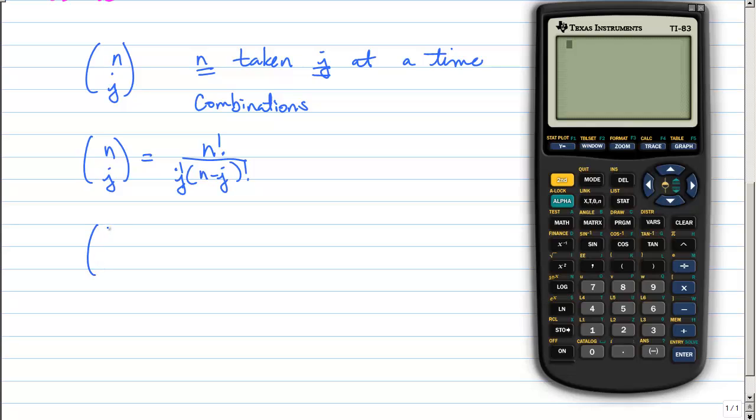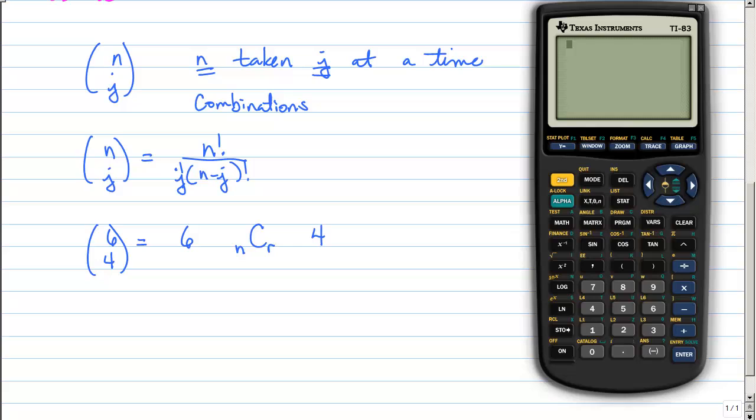If I have 6 as n and 4 as j, meaning 6 taken 4 at a time, I could memorize that formula, or I'm going to look in the calculator for these symbols. I'm going to have 6, and then this is the symbol I'm looking for. Notice the calculator uses an r instead of a j, and then 4.